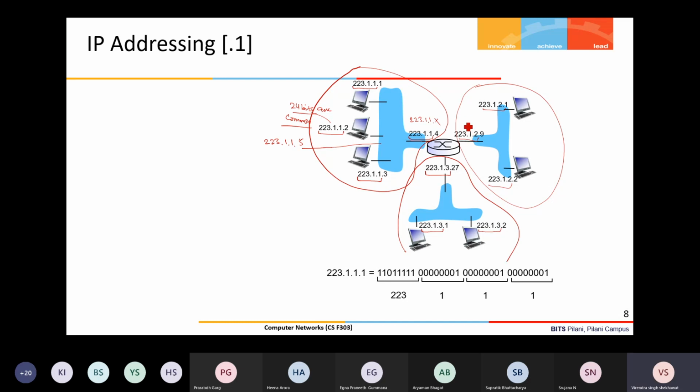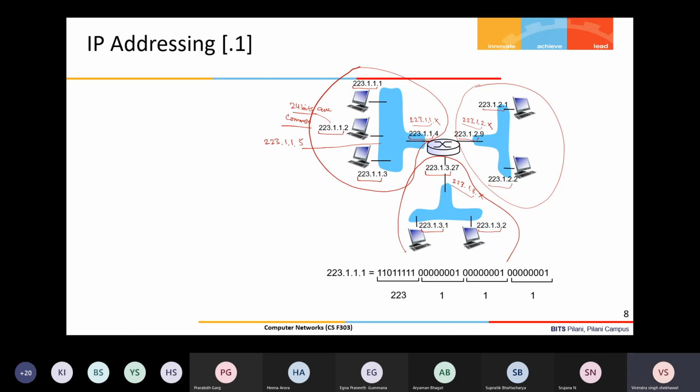Similarly, for this I have 223.1.2, and then the fourth byte can be anything. Similarly, here also 223.1.3.x. So these prefixes will be in the forwarding table of the router: 1, 2, and 3 prefixes. And using these prefixes, I can forward the packet to any of the destinations which are connected to this router.